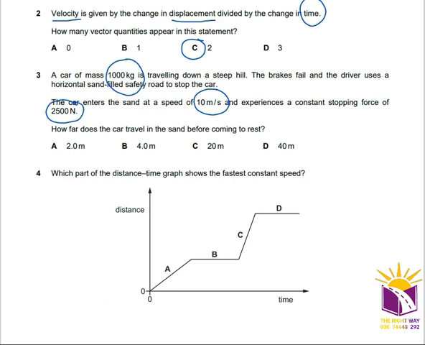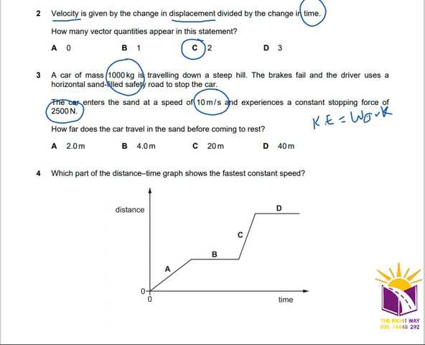As the car enters the horizontal sand-filled safety road, it is moving with kinetic energy. The total energy of the car is the kinetic energy, which will be converted into work done against the movement.